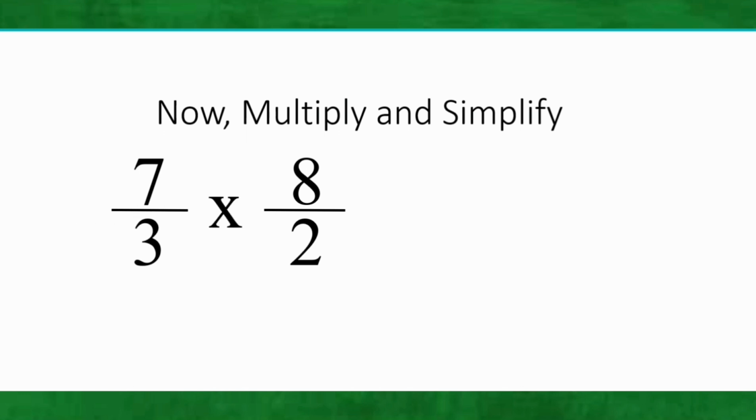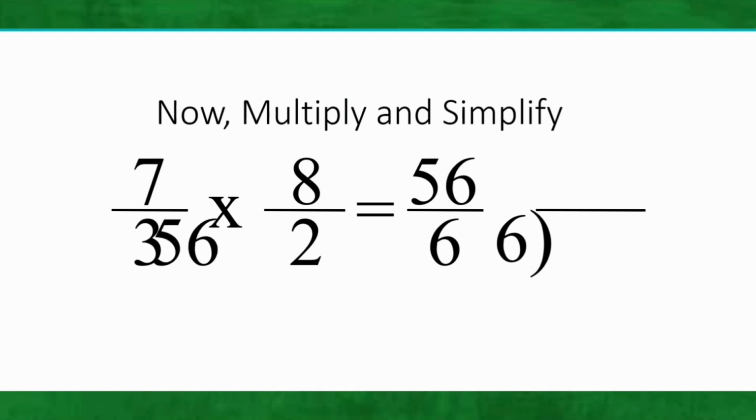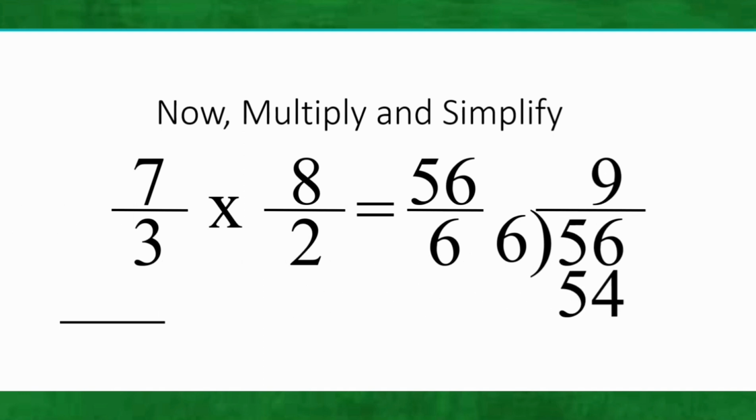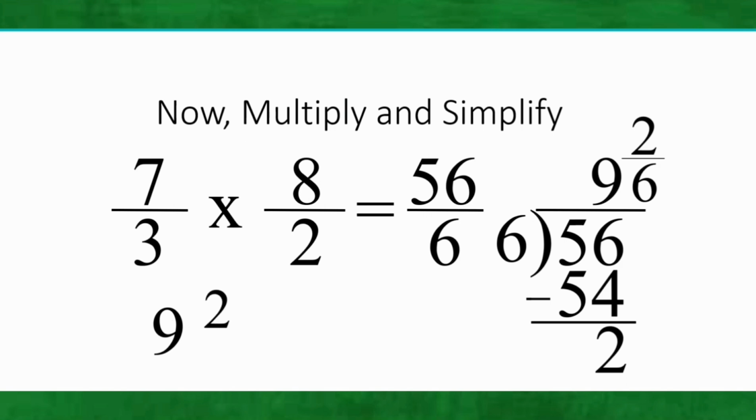Then, multiply the numerators and multiply the denominators. 7 times 8 is equal to 56 and 3 times 2 is equal to 6. Now our answer is an improper fraction, so we need to change it into a mixed number. So, 56 divided by 6 is equal to 9, remainder 2 over 6.